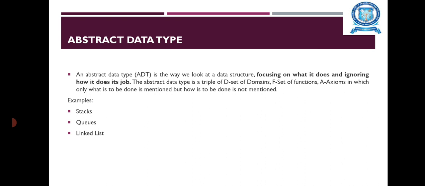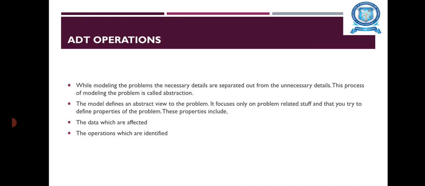The abstract data type is a triple of D, a set of domains, F, a set of functions, and A, a set of axioms, in which only what is to be done is mentioned, how it is to be done is not mentioned. The abstract data type contains the type plus the function names plus the behavior of each function. The examples of ADT types are stacks, queues, linked lists.